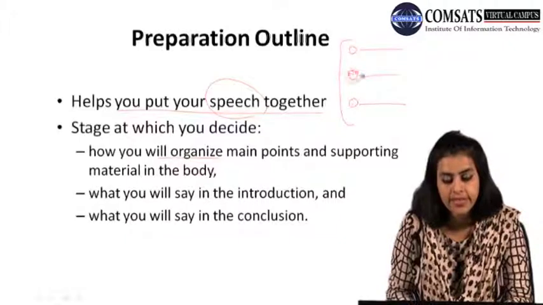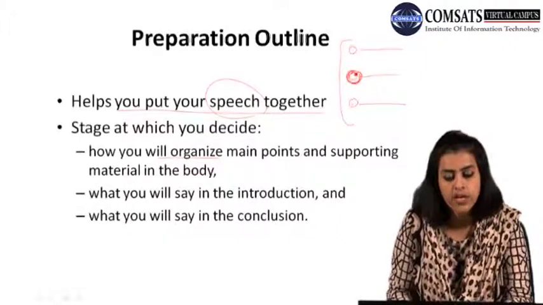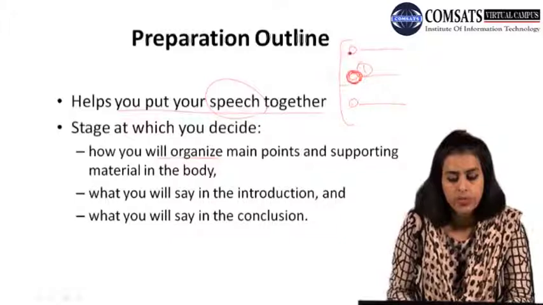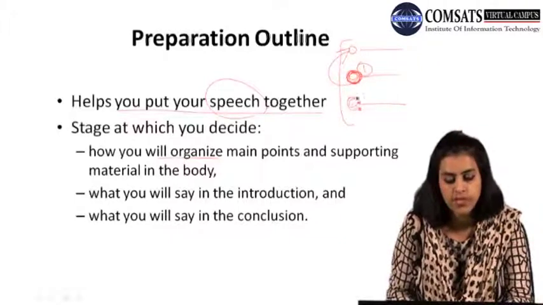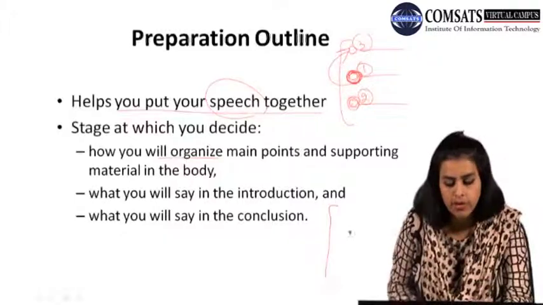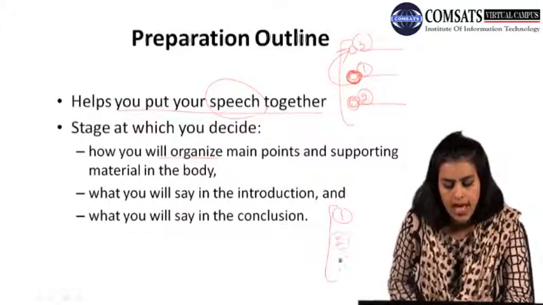So if you find this point the most important one, you would give it number 1, and then this one number 2 and this one number 3, so you would divide your outline accordingly, 1, 2 and 3.